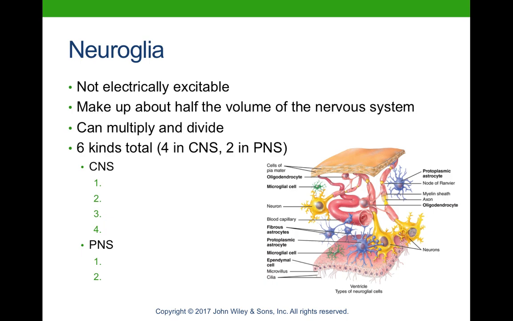Microglial cells will perform phagocytosis, and ependymal cells circulate cerebrospinal fluid. In the PNS, or the peripheral nervous system, Schwann cells create the myelin sheath, and satellite cells exchange material between neuronal cell bodies and interstitial fluid.